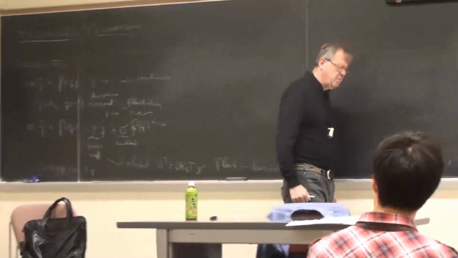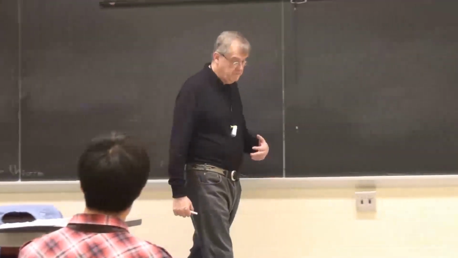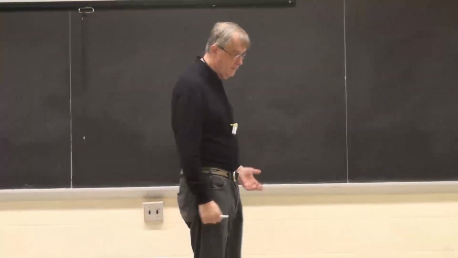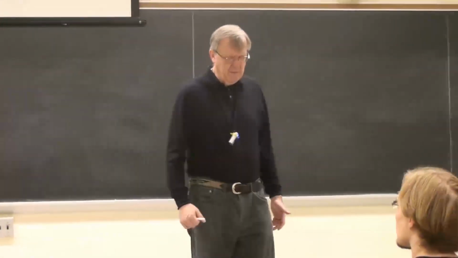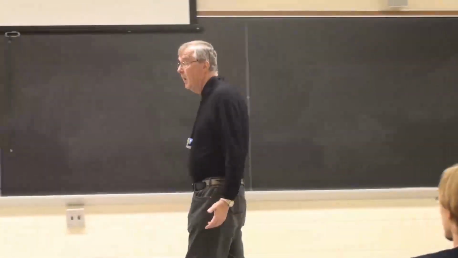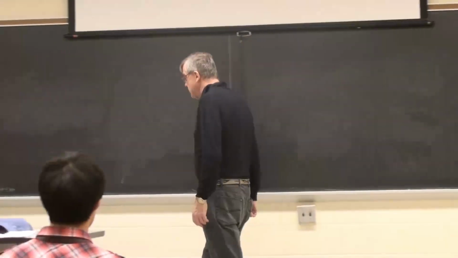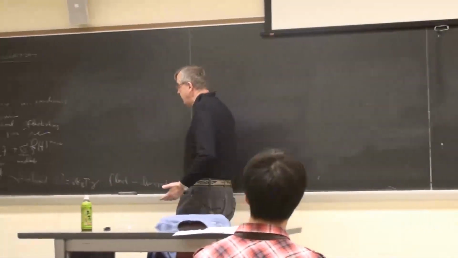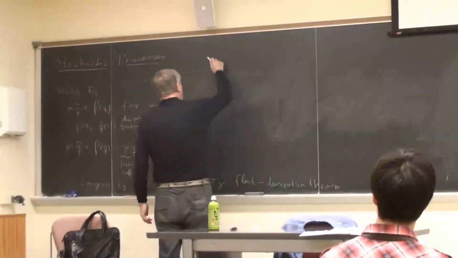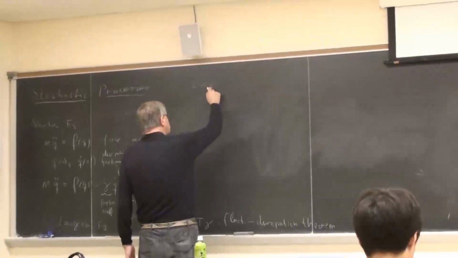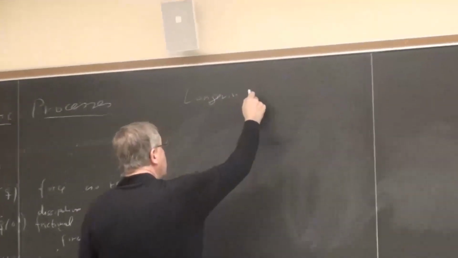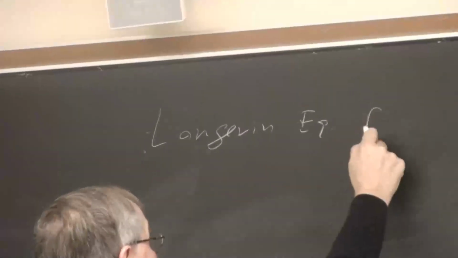So probably most of you have described a system that is governed by the Langevin equation, and so we want to remind ourselves of what we sort of know already from undergraduate physics, and so we're looking at the Langevin equation for the harmonic oscillator.